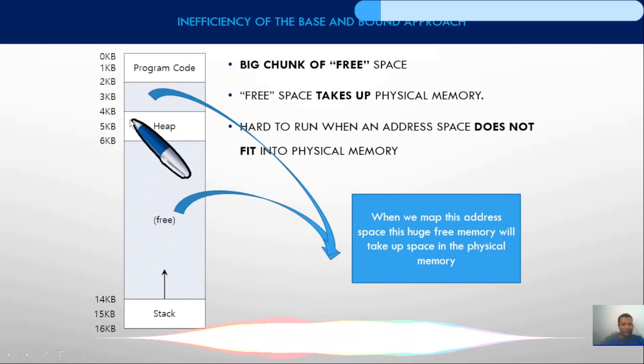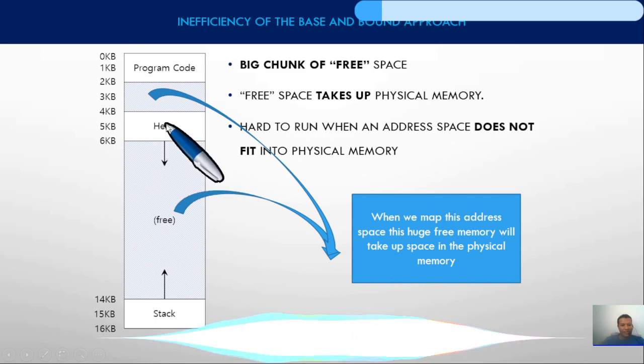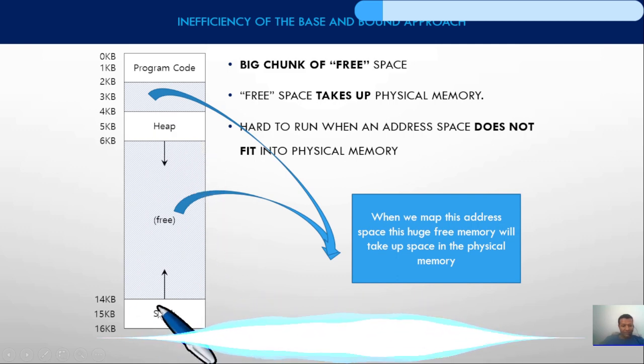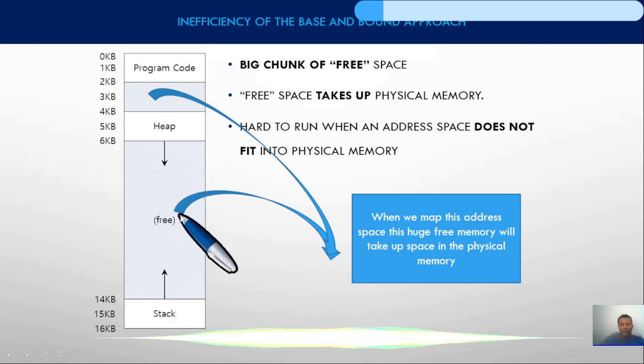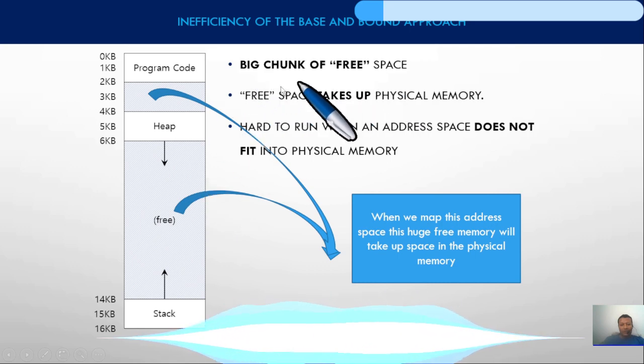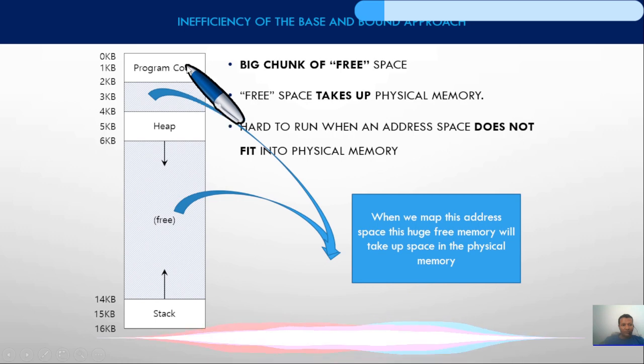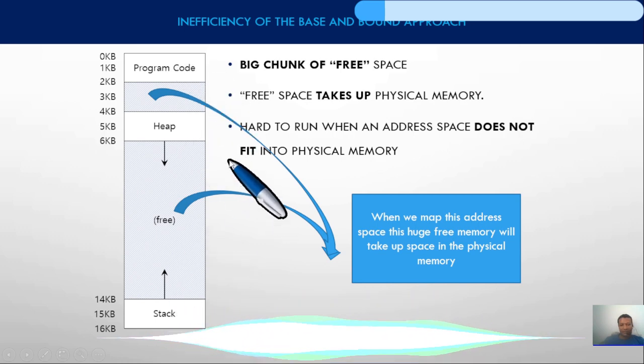From 4 kilobytes until 6 kilobytes we have the heap, the dynamic memory allocation area, and we have the stack. As you can see, a big chunk of free space is here. Again, only the program code, heap, and stack are allocated.